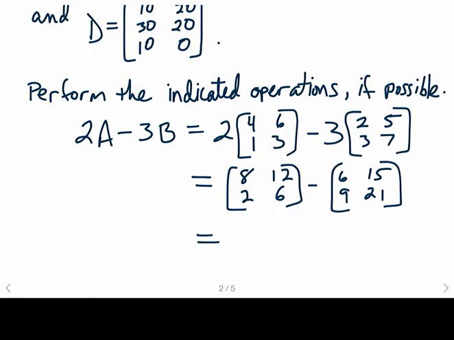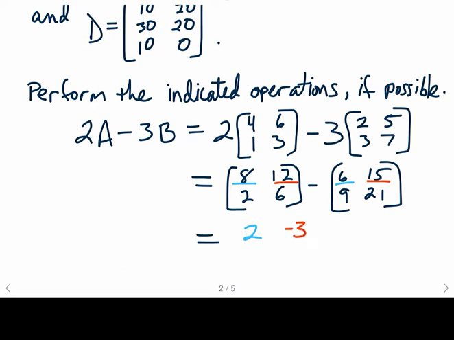When I said you subtract the way you think you would, what I mean is we have 8, 12, 2, 6, and then 6, 15, 9, 21. Since 8 is in the first position of the first row, and 6 is in the first position of the first row of the other matrix, we're looking at 8 minus 6. That's 2. And then 12 minus 15.